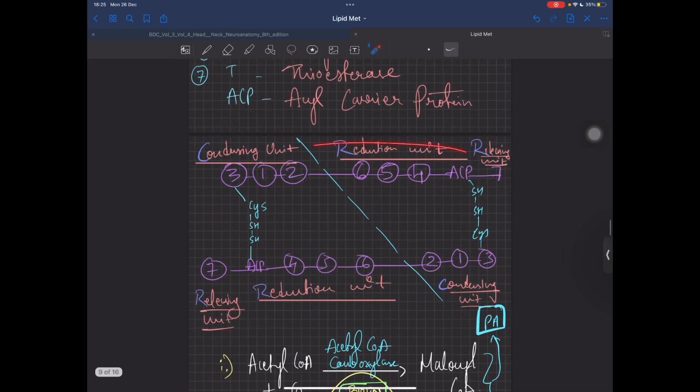Now coming to its structure, it consists of a condensing unit, reduction unit, and releasing unit. The same thing should be written in the opposite manner below. It makes us write the structure easily. And then there are two subdivisions. The one which I've drawn now is called the functional subdivision. The horizontal division is called the structural subdivision.